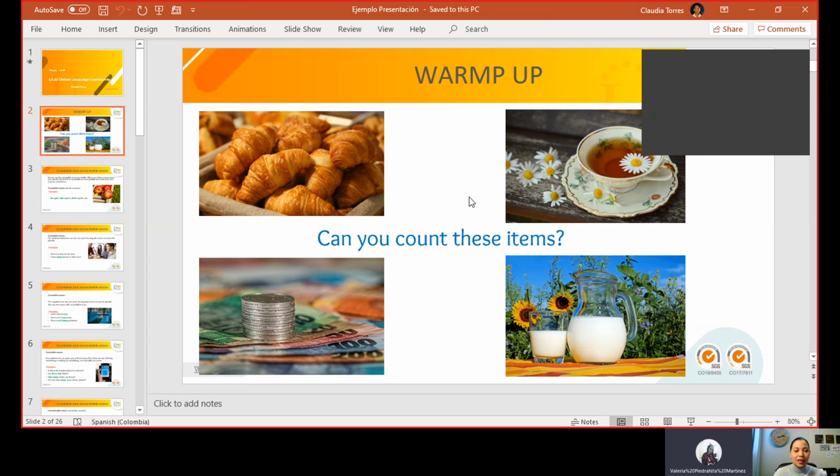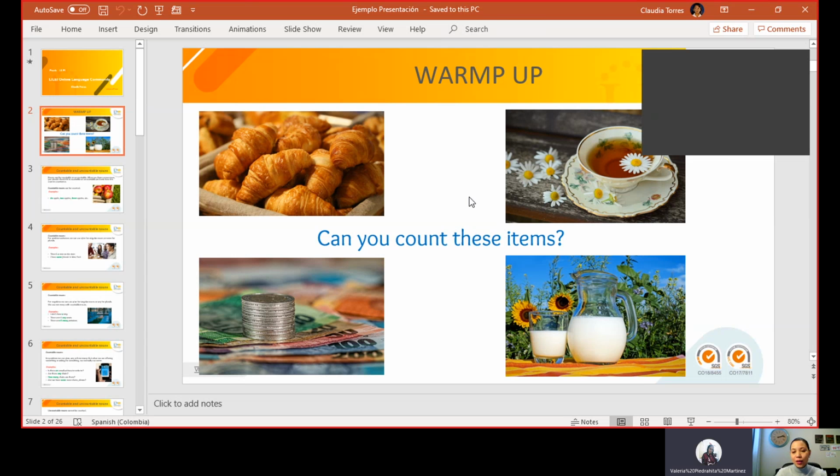You cannot say I need a money. No, I need some money, right? Then you have coins or bills, and you can also express quantity, like $10, $20, but it's different. You're not saying the word money.